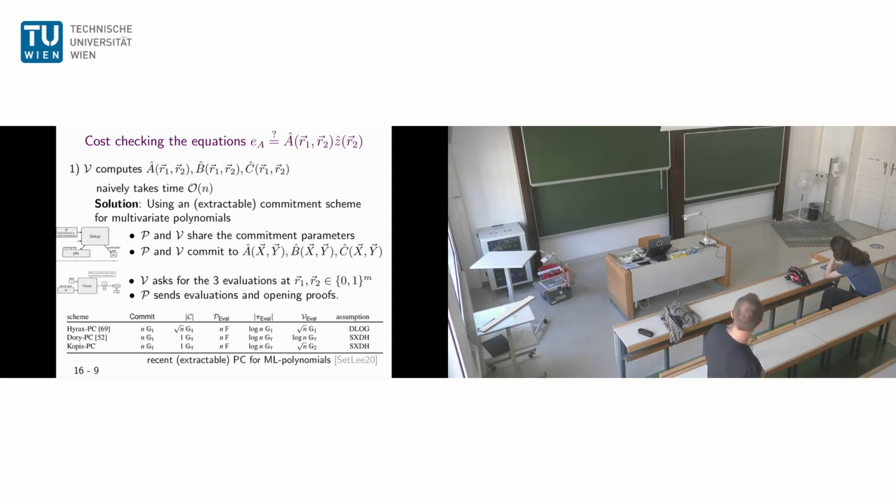So if you want to commit to n values, let's take the Hyrax-PC polynomial commitment scheme, then the size of the commitment, the pre-computation step, gives you something that is square root of n. This is the oldest. So this one has the worst statistics, but a good assumption.